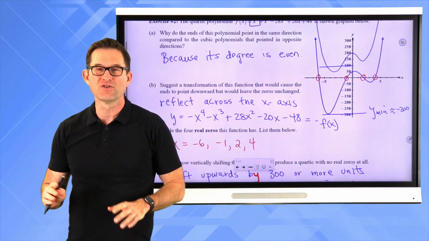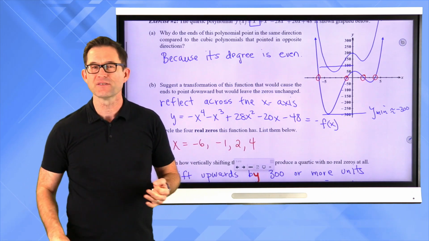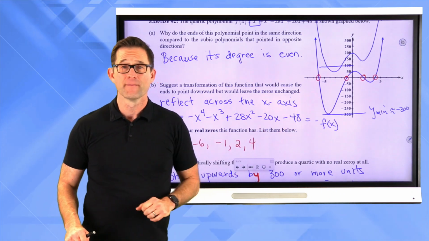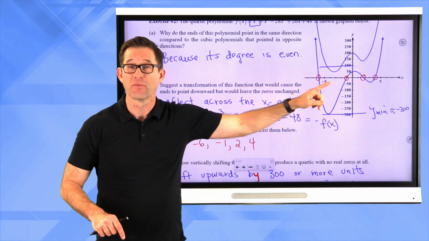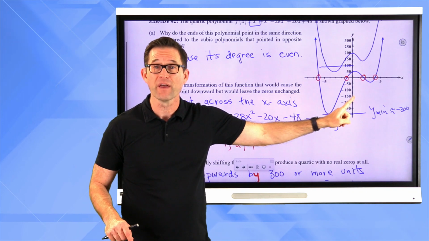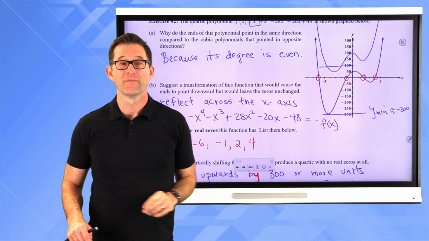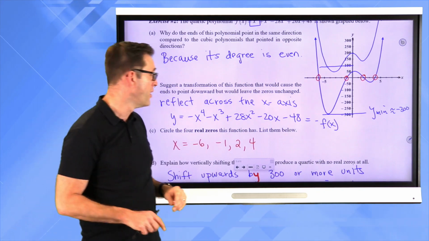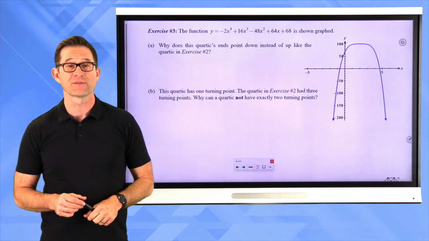We could actually shift it in a variety of ways to get 1 zero, 2 zeros, 3 zeros, or leave it alone where we have 4 zeros. We could even shift it down some, moving this peak below the x-axis, then it would just have 2 zeros there. So it's kind of cool because quartics can have all sorts of different types of zeros.